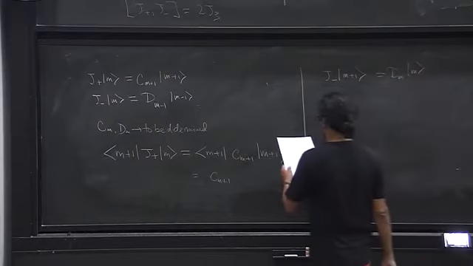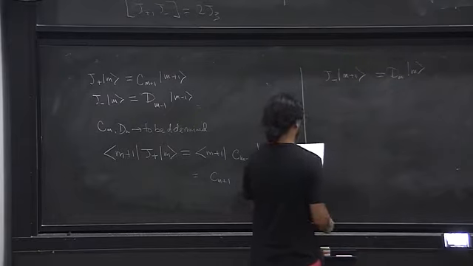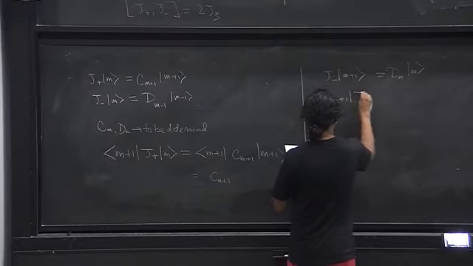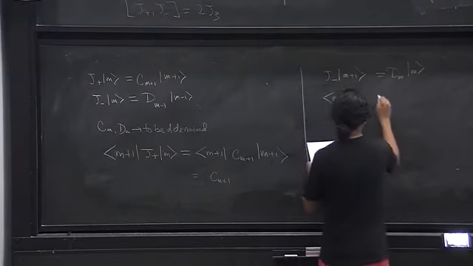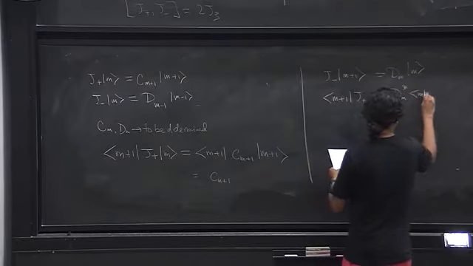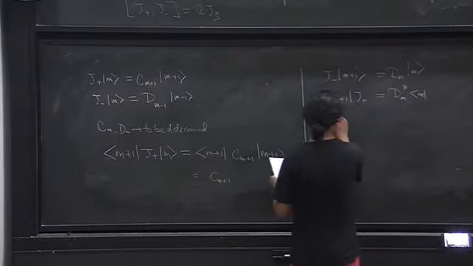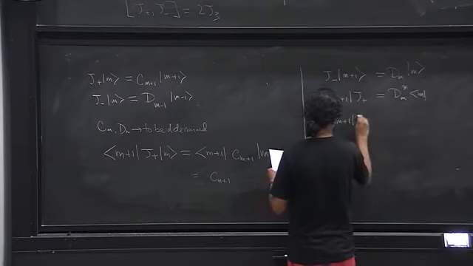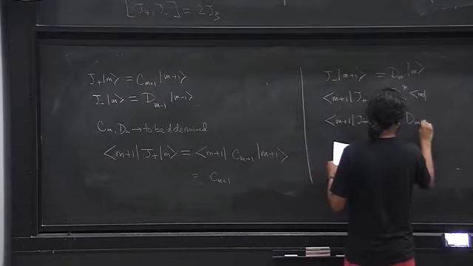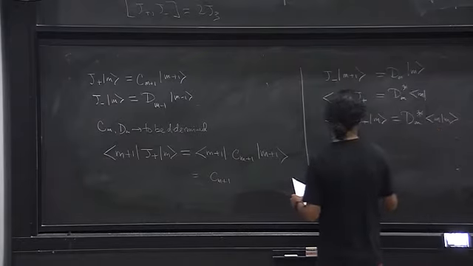Now if I take the conjugate of this, we get the bra of m plus 1 times J plus, and then I get D of m star times the bra of m. And now I take the inner product of this equation with the ket of m, and this is 1.